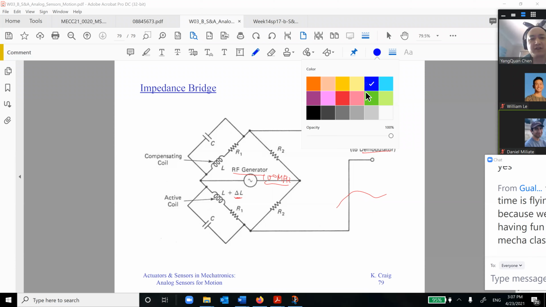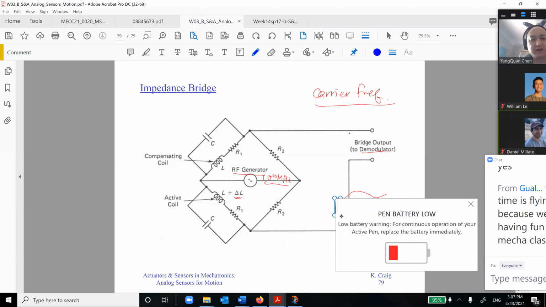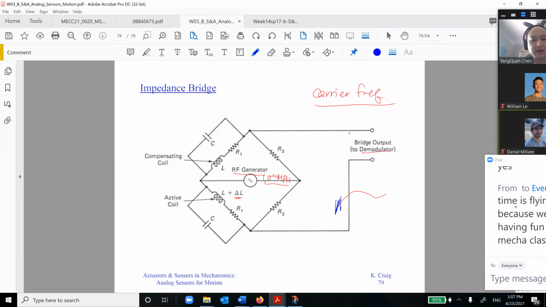But on top of the signal, there are very high carrier frequencies. This is called modulation. Then demodulation is to remove the blue. The blue is removed, then we get a red signal out of it, okay?